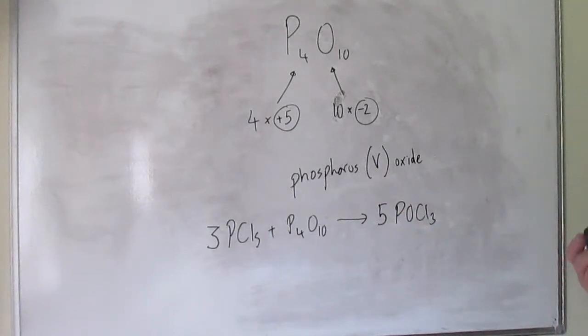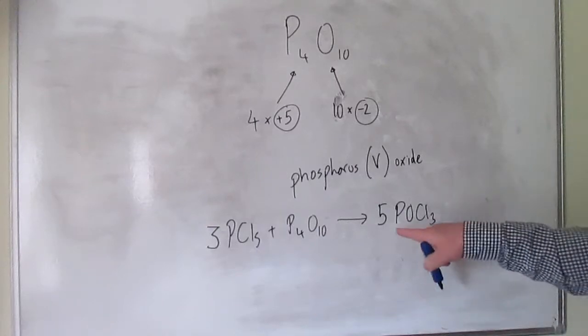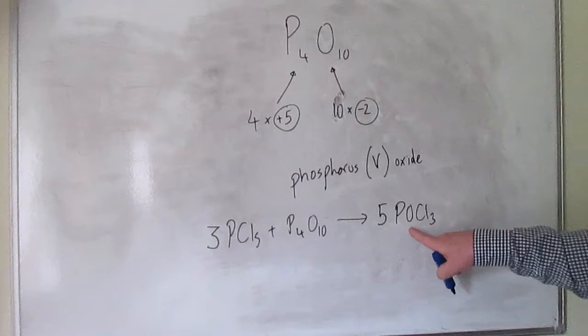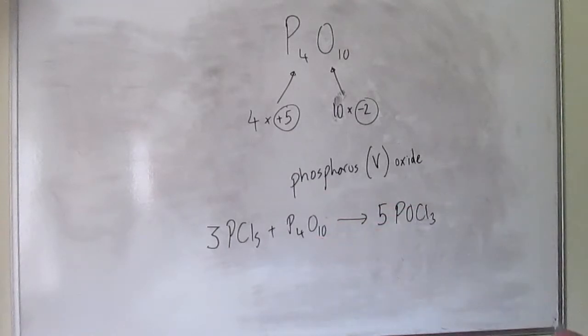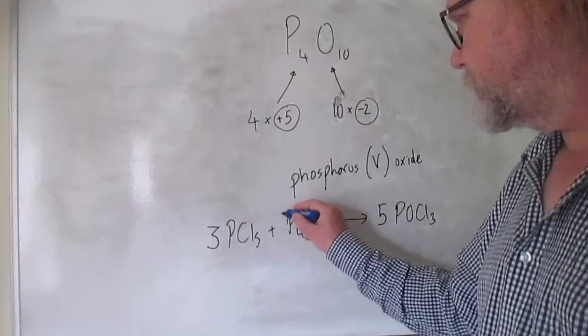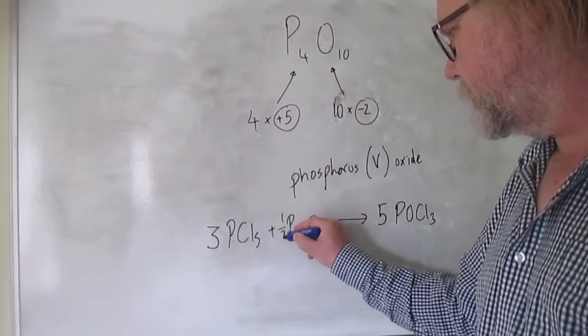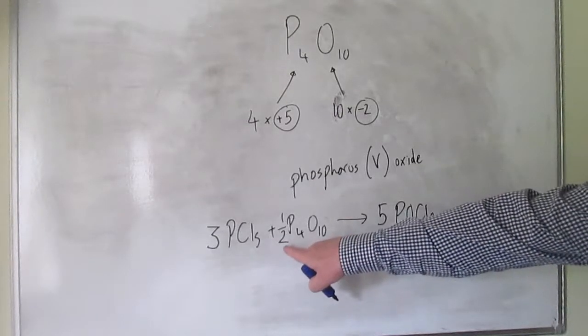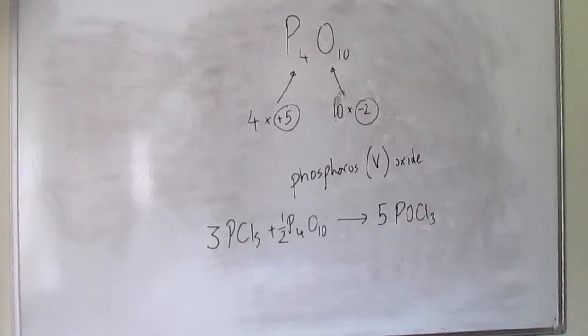If we then look at the oxygens, you can see that we've got 5 on this side, and there seem to be 10 on that side. So how can we make that work? Well, of course the answer is, we can just have half there. And that balances, because you've got 5 oxygens on each side then.